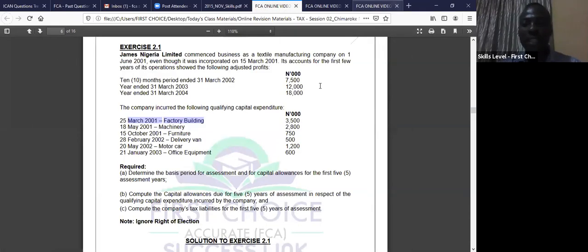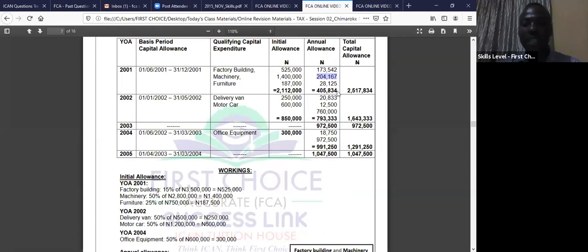So when you add the figures, you get this. What is your total capital allowance here? The total capital allowance is the sum of this and this. It will give you this figure here. So that is how we got our total.